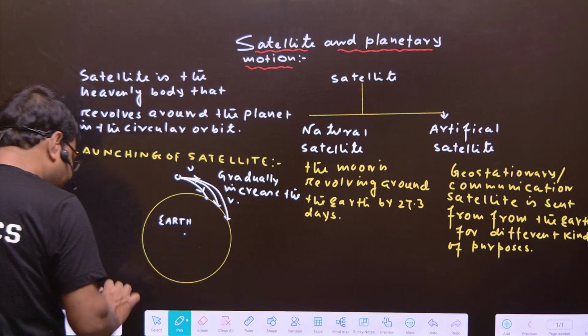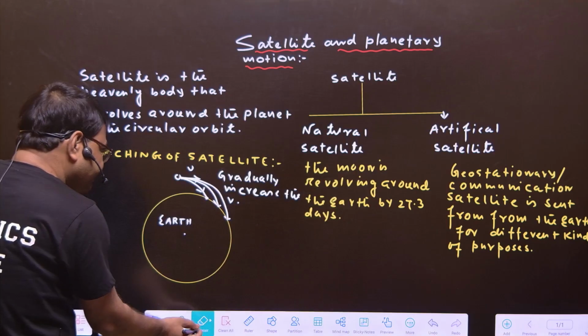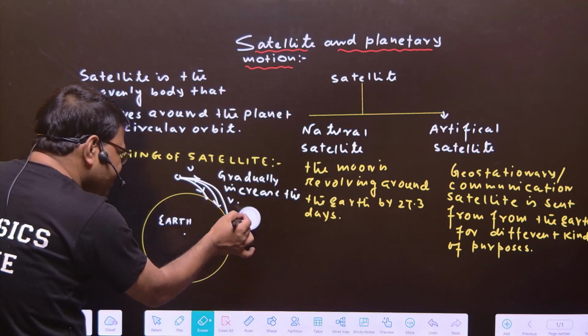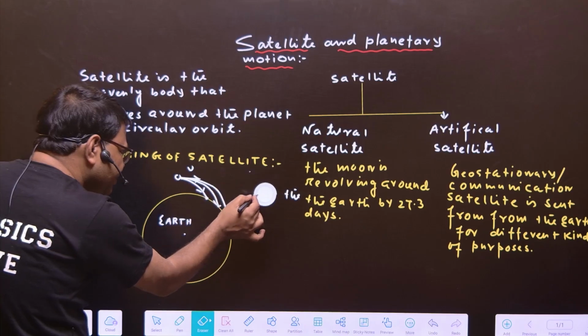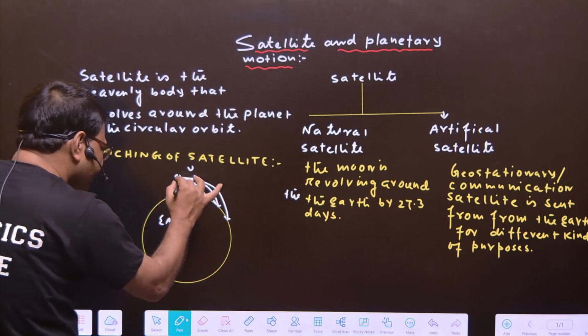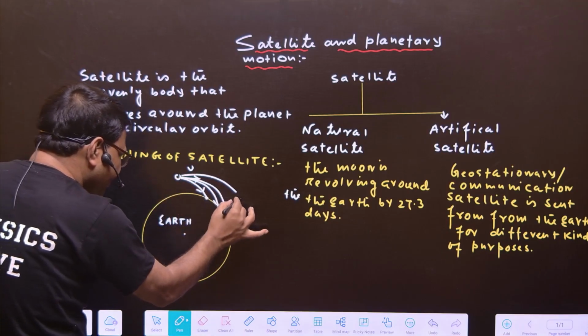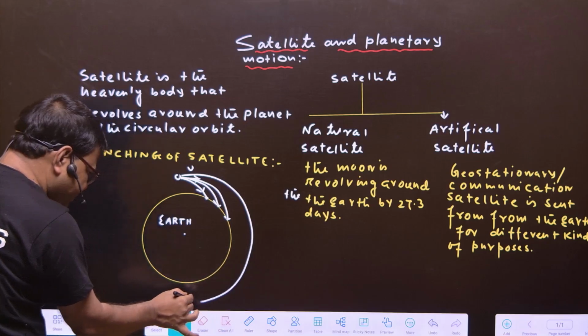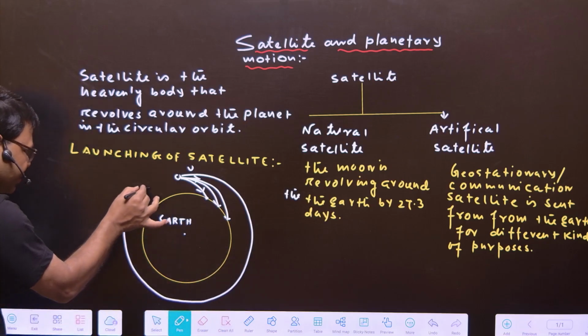But now see here, I am erasing this portion. At a particular horizontal velocity, the particle will take the circular path and revolve along this circular path.